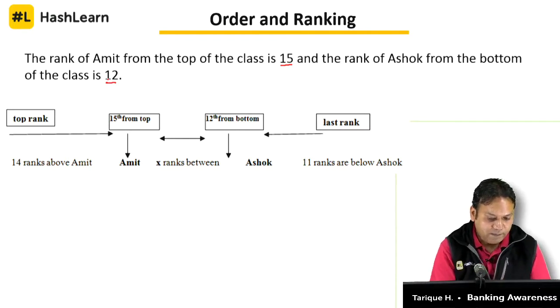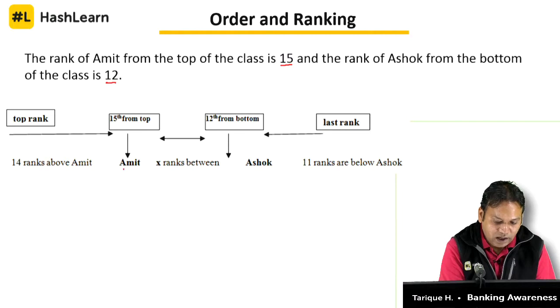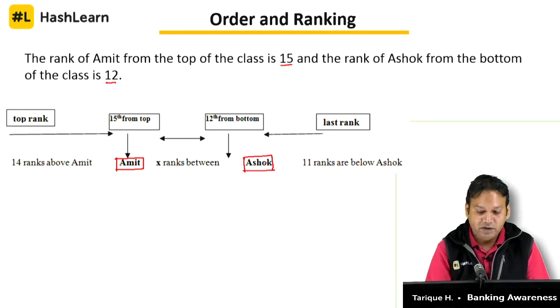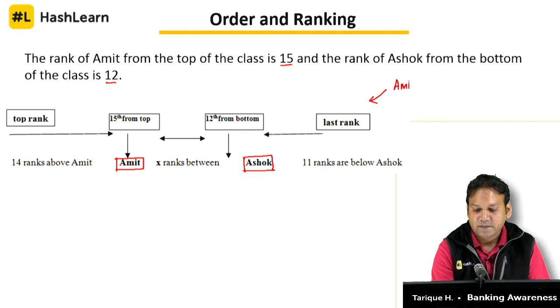One is that Amit is ranked higher than Ashok. Try to understand this case.